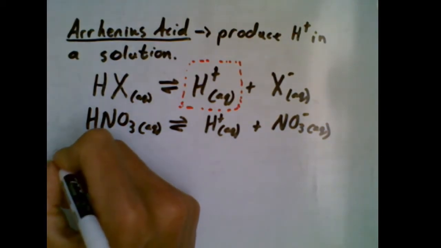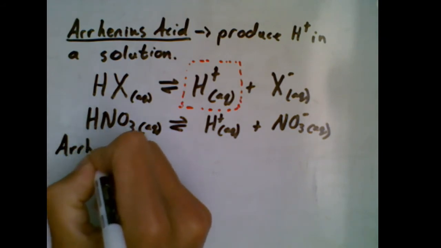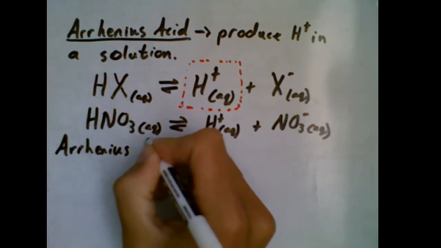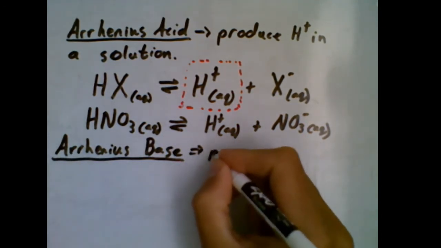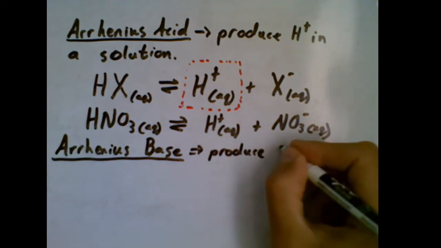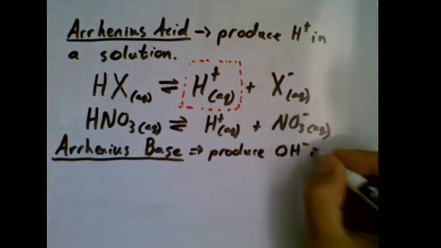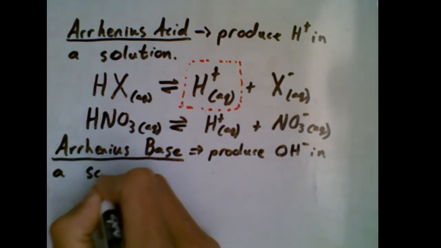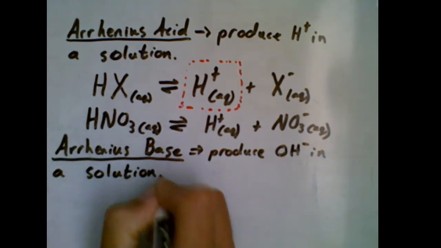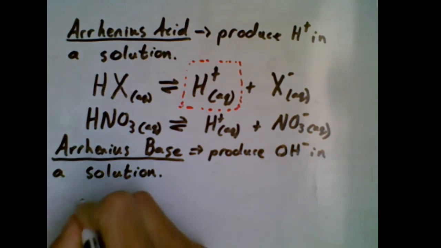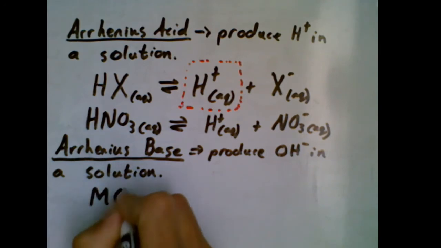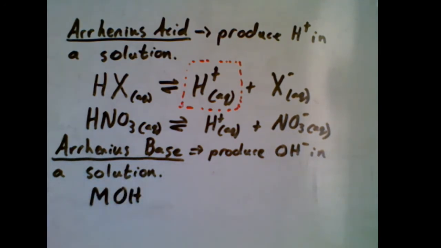The other option is what is called the Arrhenius base. An Arrhenius base is going to produce OH- in a solution. So again, let's think about another example. What we would often see here is somebody would write MOH, where M just represents some positive cation that's going to be attached.